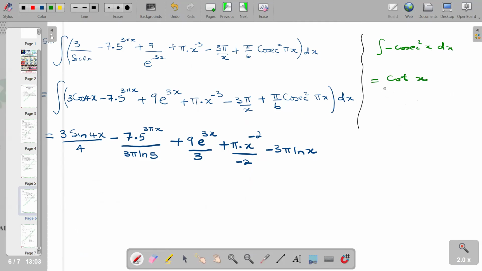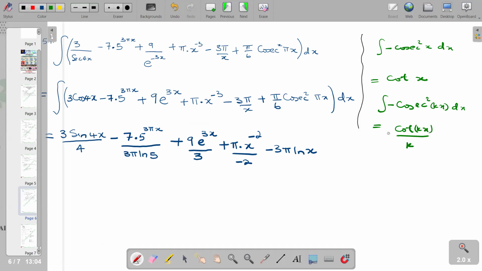Meaning to say, if we are to integrate negative cosec squared kx with respect to x, this must give us cot kx divided by k.